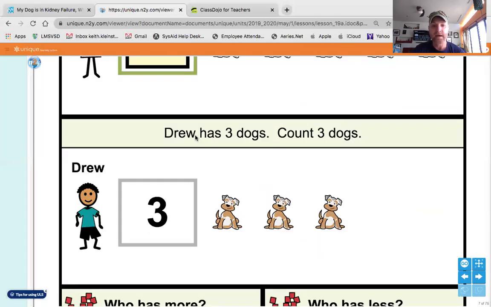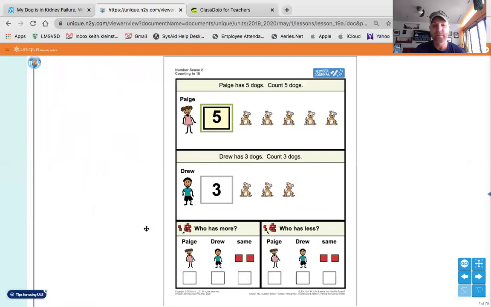Now Drew has 3 dogs. Count the dogs. 1, 2, 3. You could have your child point with their finger as I highlight them. That would help. Let's match the number. How many? 3. Good.